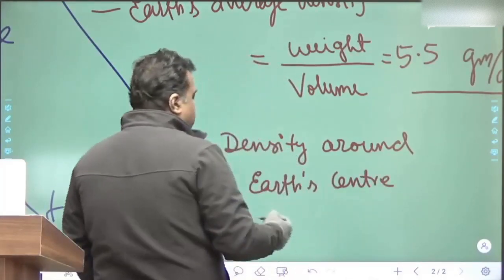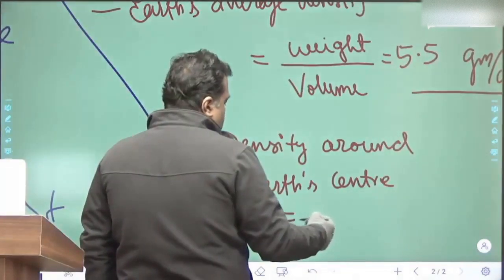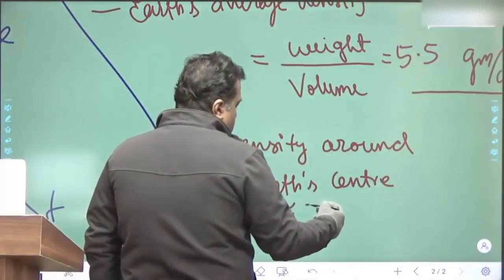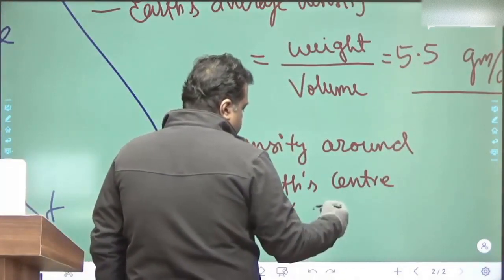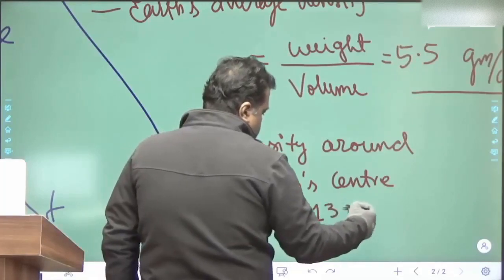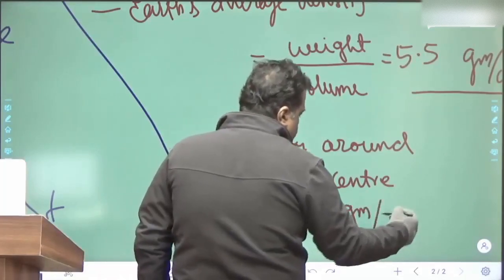Density around Earth's center would be around 13 grams per centimeter cube.